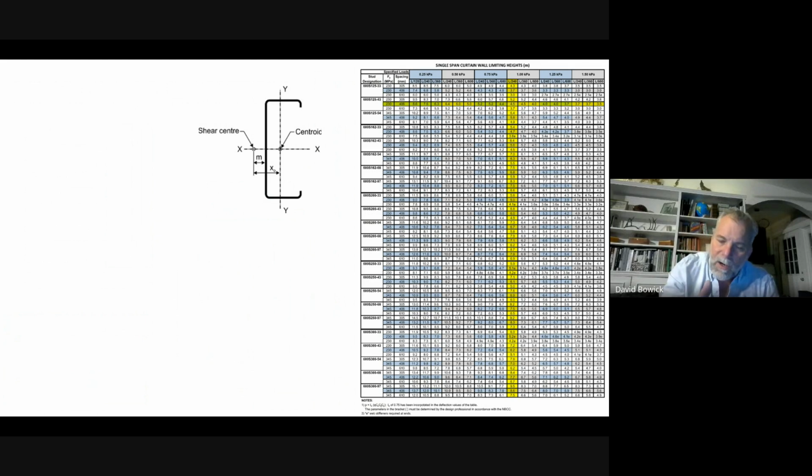And then I looked at the finishes in my building. And I said, this building does not have finishes sensitive to deflection. Maybe it's a light industrial use or something. And so I can use the most generous deflection criteria, L over 240.